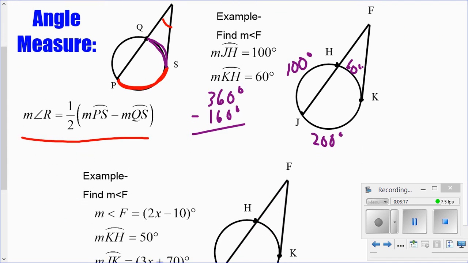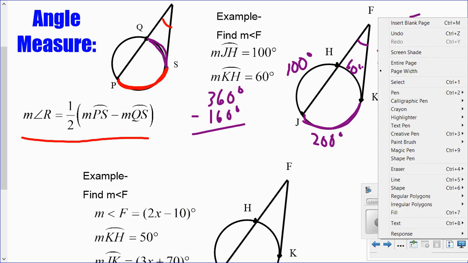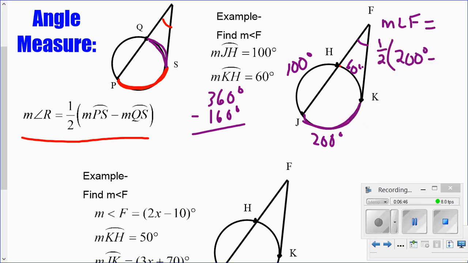So now I have enough information to substitute into the formula. I'm looking for F, which is right there. So the measure of angle F is going to be equal to 1/2 of the larger arc, which is JK, which is 200, minus the smaller arc here, which is 60.